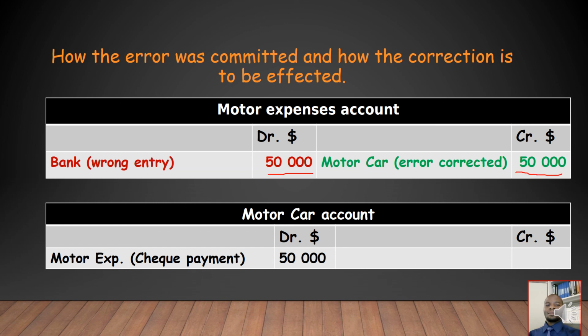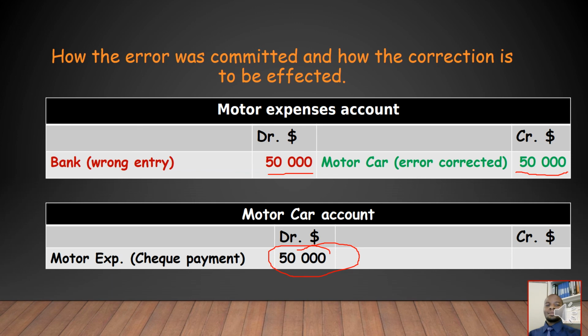We subtract this amount from the motor expenses account by making a credit entry in the motor expenses account and completing the double entry by making this debit entry in the motor car account. So by these entries, we have removed the wrong entry made in the expenses account and made the correct entry in the motor car account.